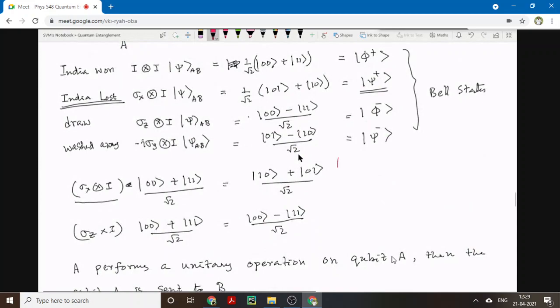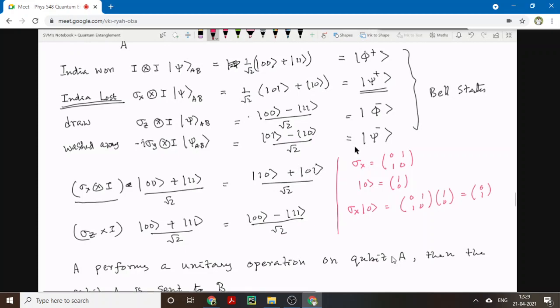So the sigma x operation is something like this. Sigma x is equal to 0 1 1 0. Suppose you have 0, this vector is 1 0. If I operate sigma x on 0, then it is 0 1 1 0 times 1 0, which is equal to 0 1.